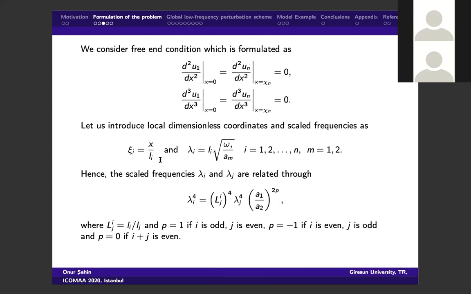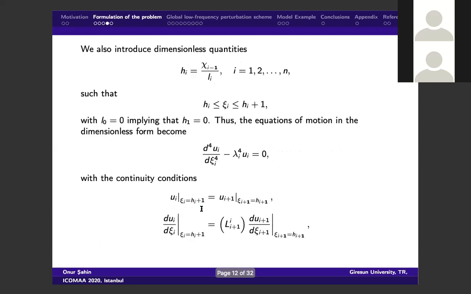Let's now introduce local dimensionless coordinates and scaled frequencies by Ci and lambda I. It can be seen from the definition of the scaled frequencies that the frequencies of soft and stiff components are related to each other through this equation. We also introduce dimensionless quantities Hi such that Xi are lying between Hi and Hi plus 1.